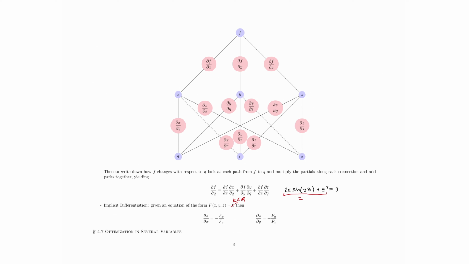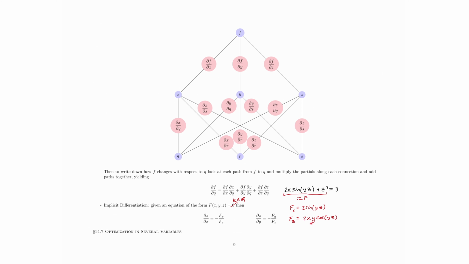I'm going to define this to be capital F. Then capital F sub x is the x partial of that left-hand side, which is 2 sine of yz, and f sub z, for instance, is 2x z cosine yz.